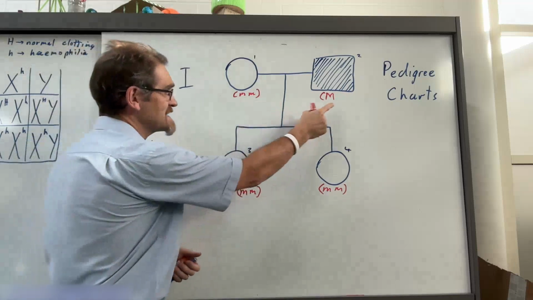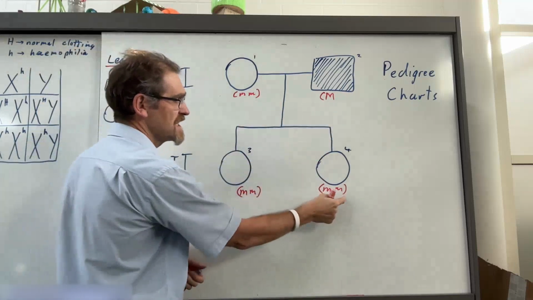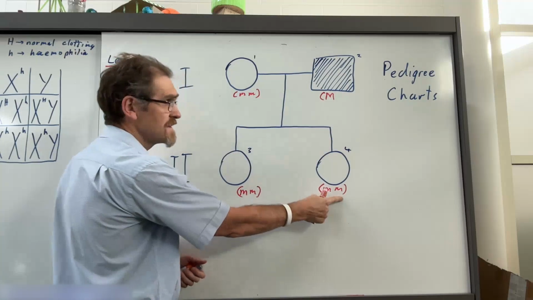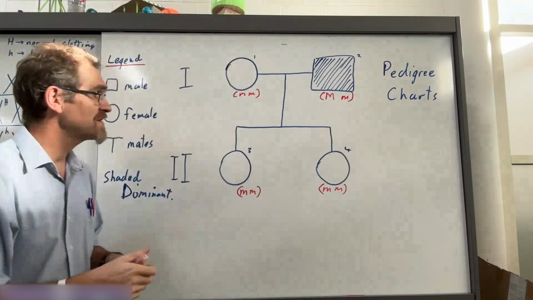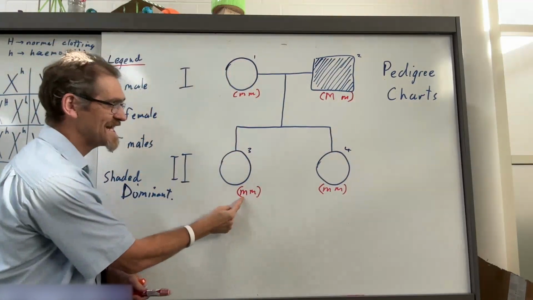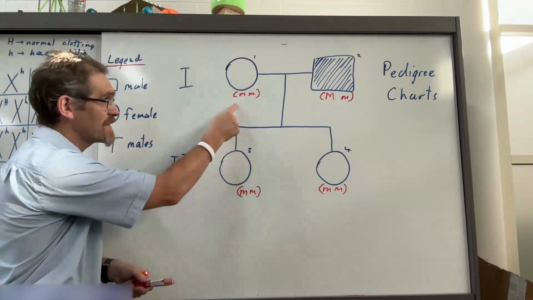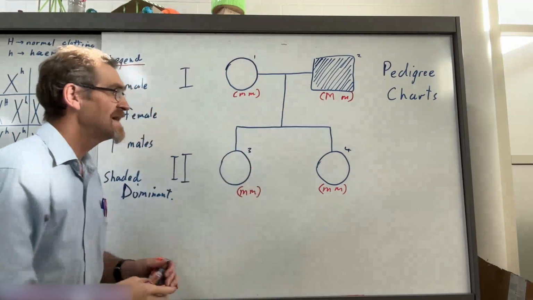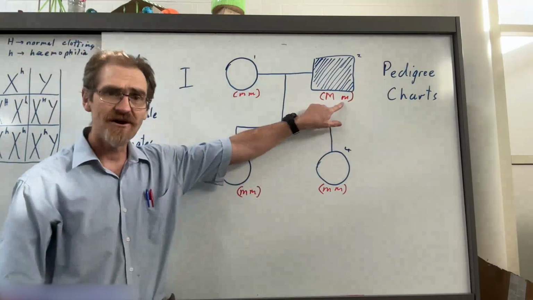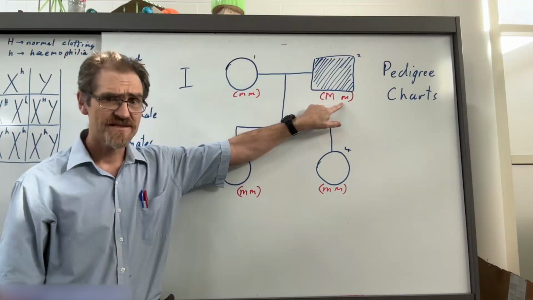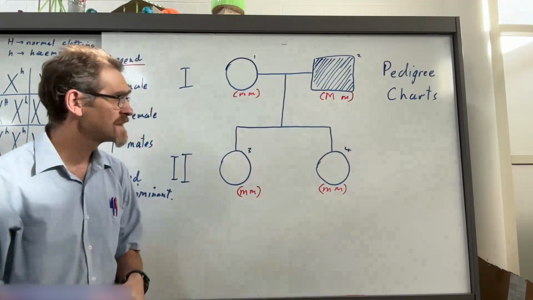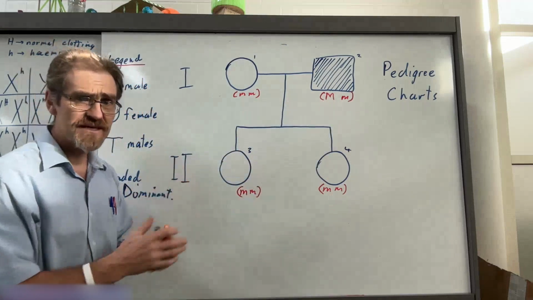But they pass onto the daughters a recessive allele. So that tells us that because this particular daughter has to get a lowercase m from the mother and a lowercase m from the father, the father cannot be homozygous dominant. The father has to be heterozygous. That's a very simple pedigree chart.